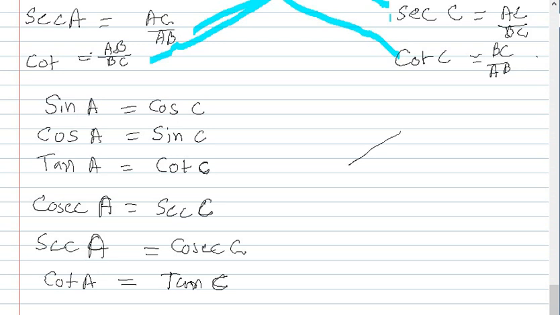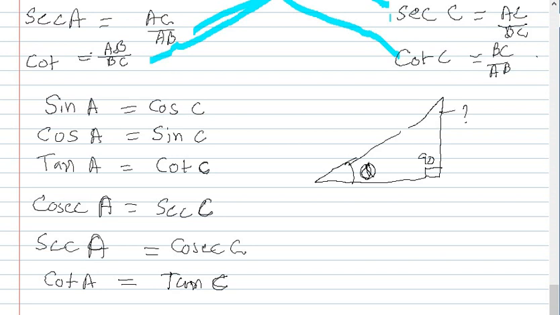I would not write it as sin A, cos C. Okay, in a triangle, this is 90 degree, and the sum of the total angles is 180 degree. Suppose this is theta, then this angle can be written as 90 minus theta. How?